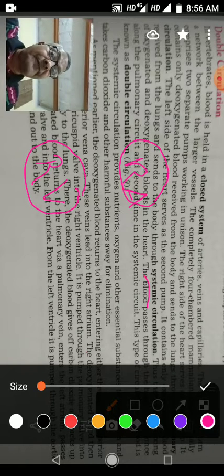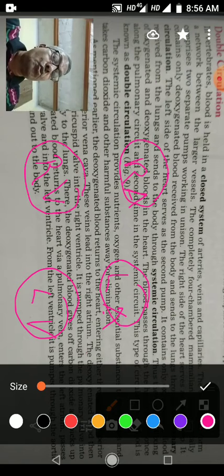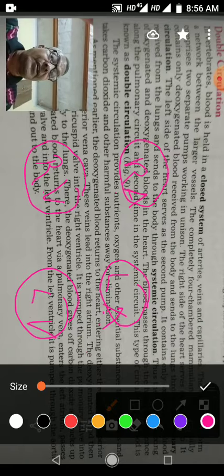There is the left atrium, and this is the left ventricle. The upper 2 chambers of the heart are the right atrium and left atrium, and the lower 2 chambers are the right ventricle and left ventricle. The right atrium and right ventricle are on the right side, and the left atrium and left ventricle are on the left side.